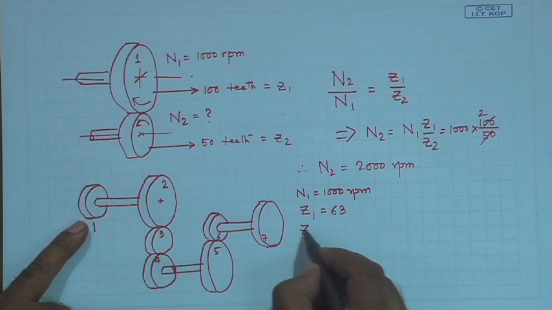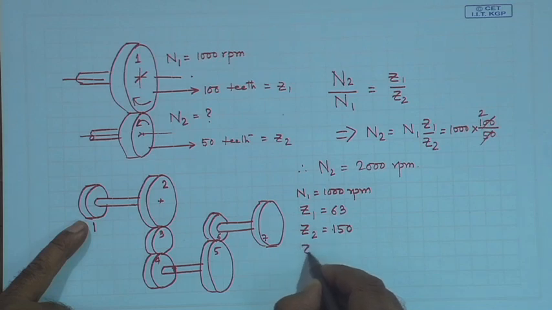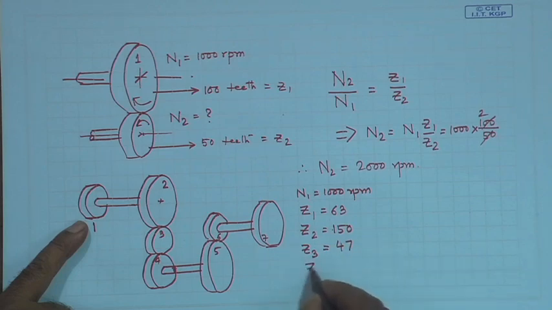Z2 is equal to 150. Z3 is equal to 47. Z4 equal to 50.